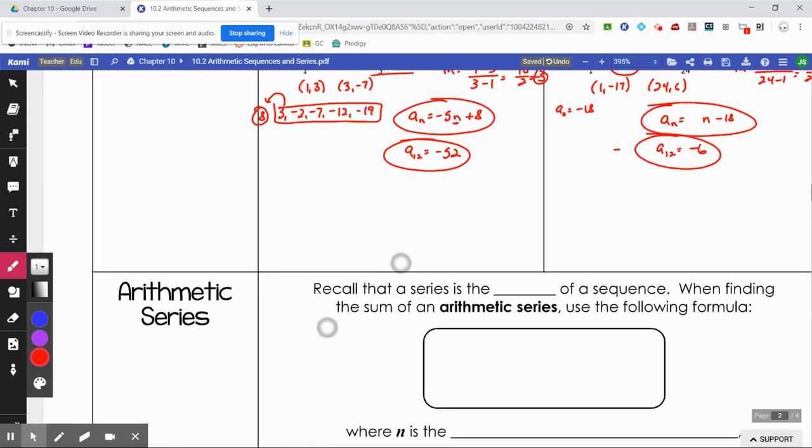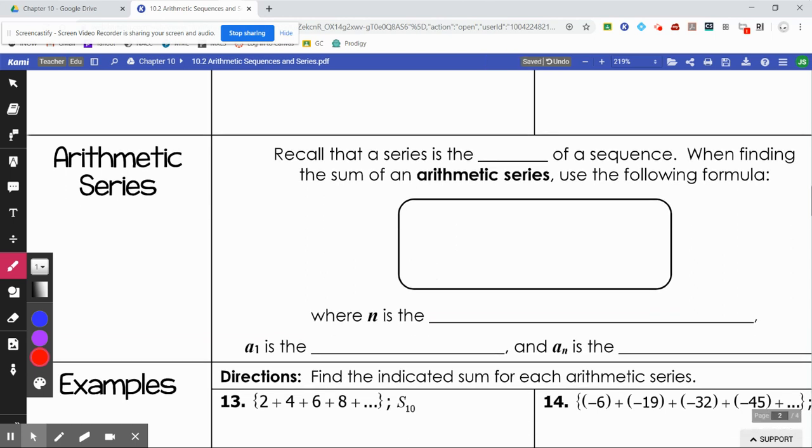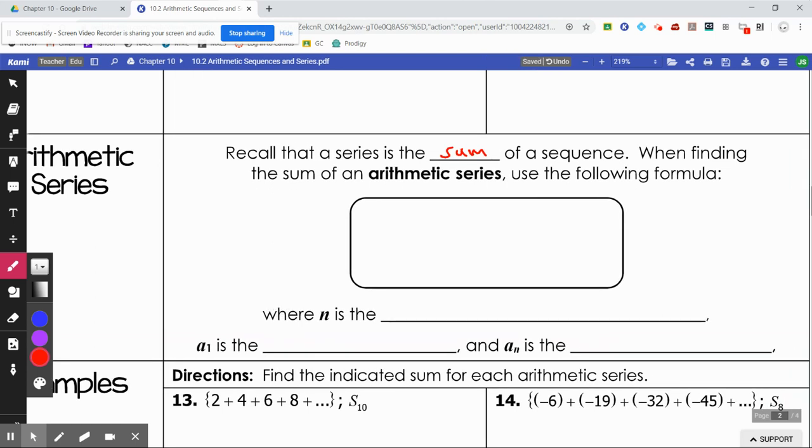Next up, what are we asked to do? Arithmetic series. Recall that a series is the sum of a sequence. When finding the sum of an arithmetic sequence, we're going to use the following formula. S of n, and that's a partial sum, is equal to n times a1 plus a sub n divided by 2.